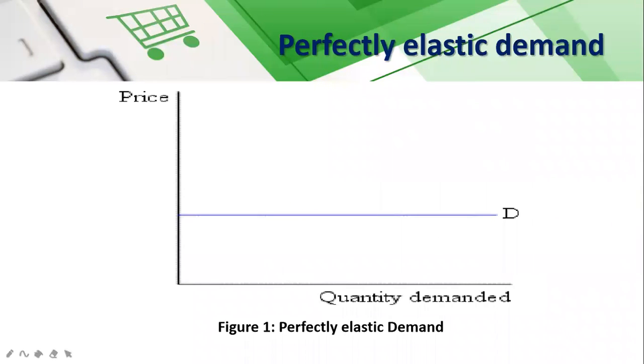So let's try to know about perfectly elastic demand. What does perfectly elastic demand look like? This is the graph of perfectly elastic demand. It is just a straight line. It means that with the same price, the quantity demanded is also the same.